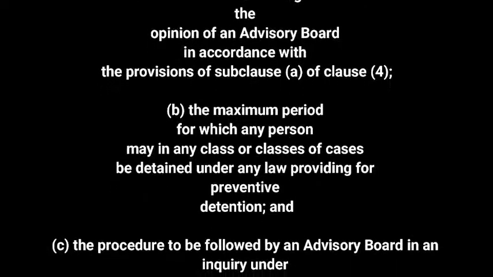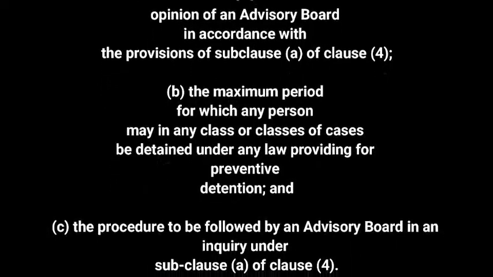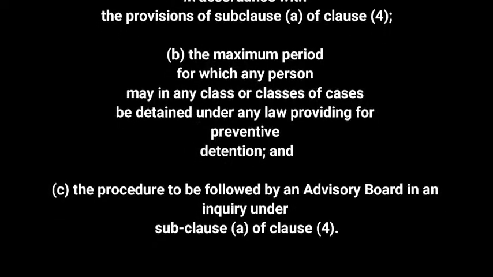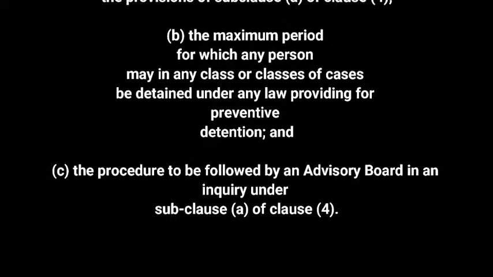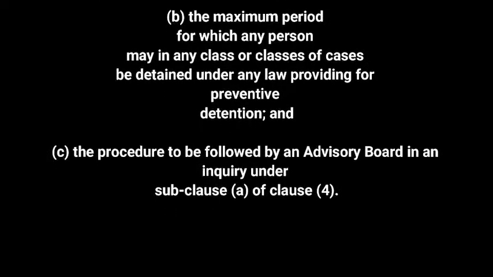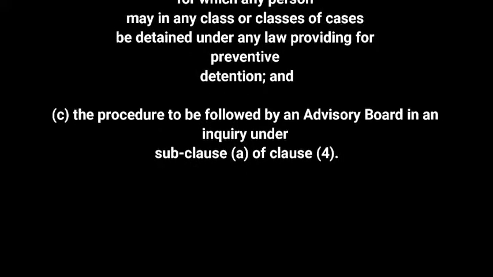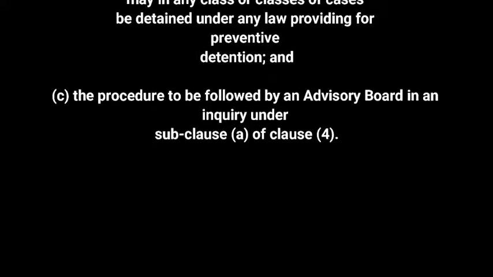B. The maximum period for which any person may, in any class or classes of cases, be detained under any law providing for preventive detention. And C. The procedure to be followed by an advisory board in an inquiry under sub-clause A of clause 4.